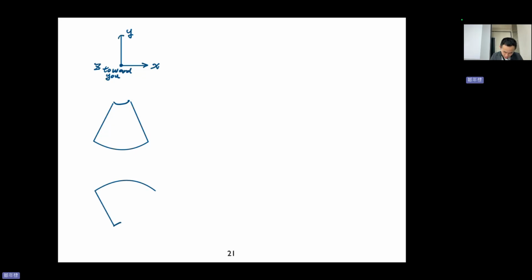What view am I drawing now? Anyone? Side view or cross-section view? Side view, exactly. Why? Because y-axis is on the plane, right? Z toward you. Very nice. This is side view.